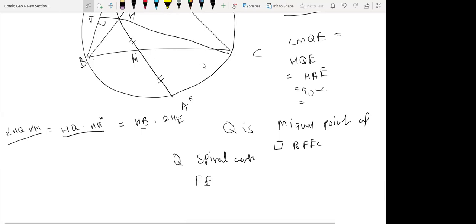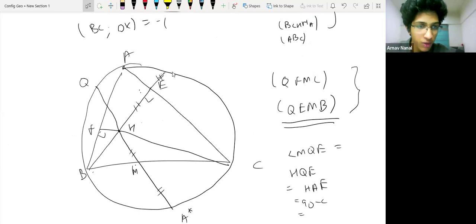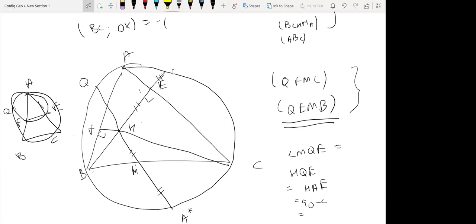Why is Q the Miquel point of BFEC? You draw these diagonals, they intersect at H. You draw these diagonals, they intersect at A, and then you draw circle AFE. So you have this sort of configuration: A, F, E, B, C, and then you are drawing this circle and this circle, and they're intersecting at Q. So Q is the Miquel point.